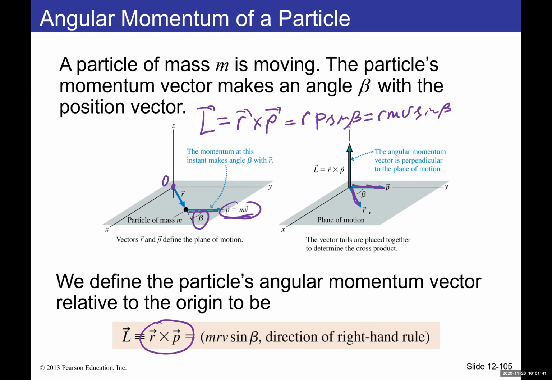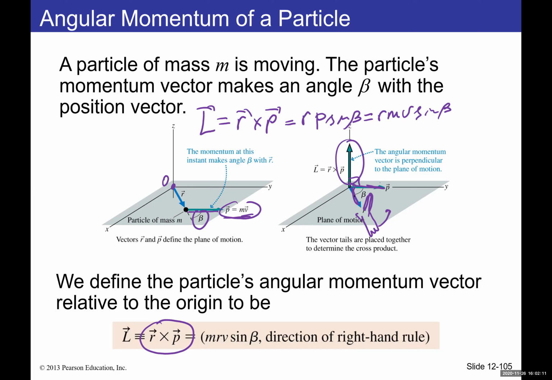Using the right hand rule, where these are your fingers, you curl in the direction of p, then your thumb will be pointing up, perpendicular to both of those vectors. That's how the cross product works. The cross product is always perpendicular to both vectors that we have. So this is the cross product between the displacement vector and momentum, and this is the angular momentum for a particle.